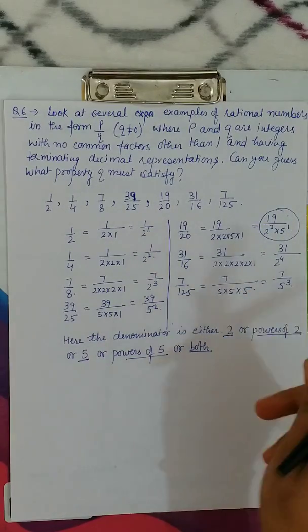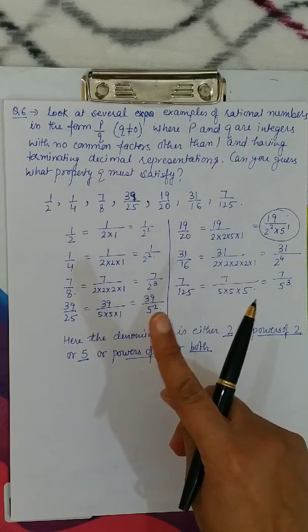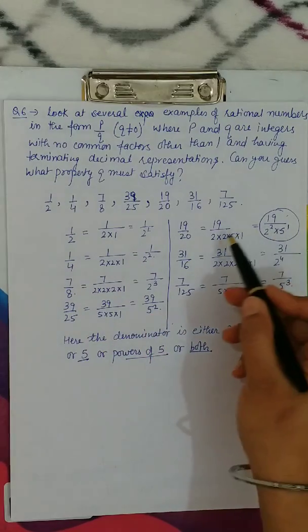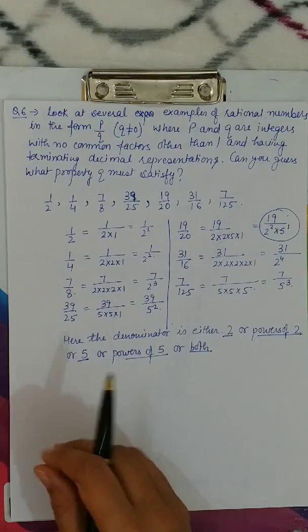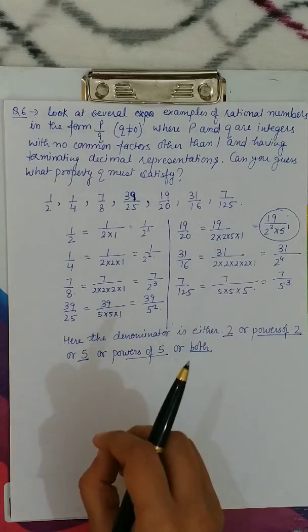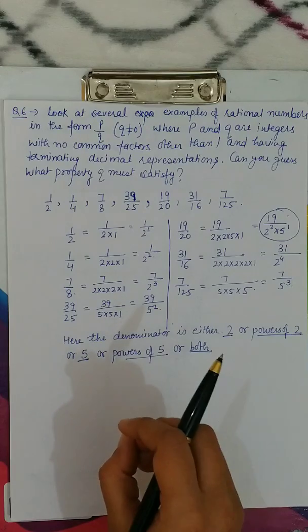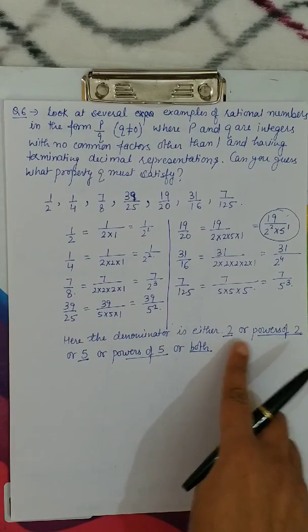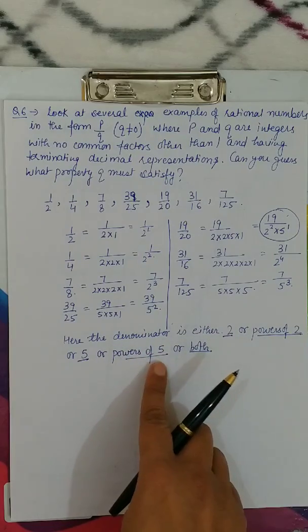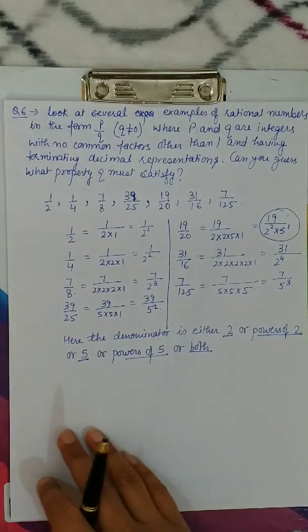Again, when they have both powers of 2 and 5, we have the decimal expansion as terminating. So the property which q must satisfy, if the rational number has the terminating expansion, is that q must be a power of 2, a power of 5, or both. Thank you. Next, question number 7.